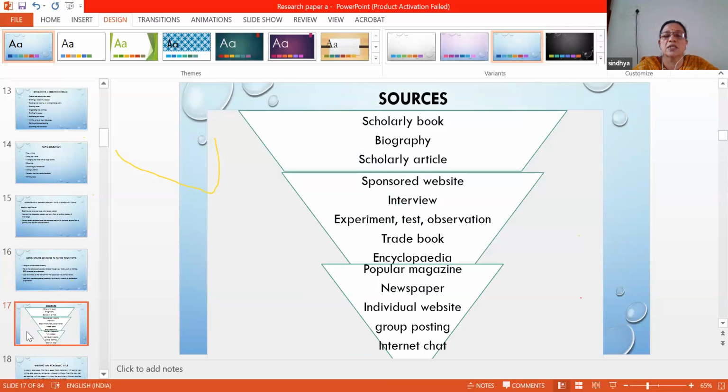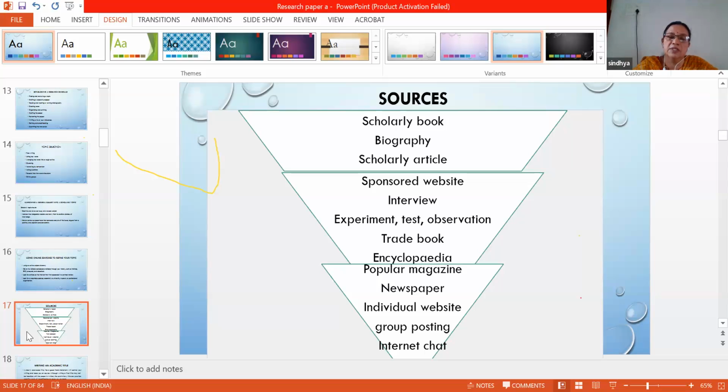So the sources are: the primary source is a scholarly book. You can read the theoretical background of your selected topic, and the library database. You can use the biographies of different personalities, scholarly articles, and sponsored websites.